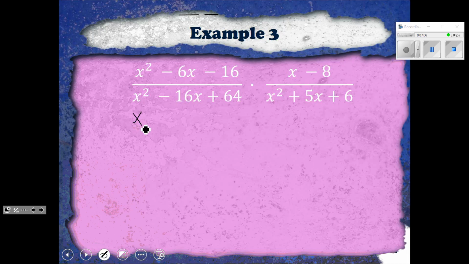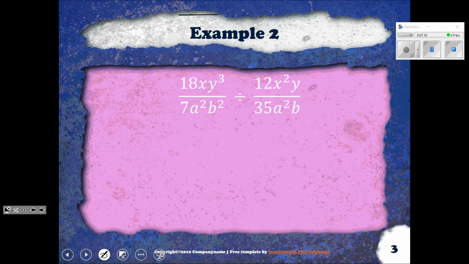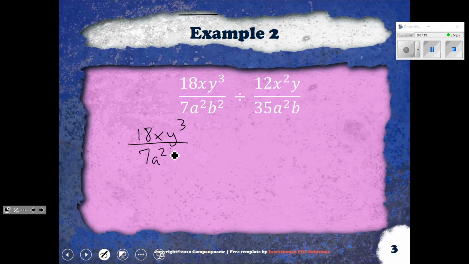So, first thing I'm going to do is we copy. Change to multiplication, and then we're going to take the reciprocal and we're going to flip it. Okay, so 35a squared b over 12x squared y.